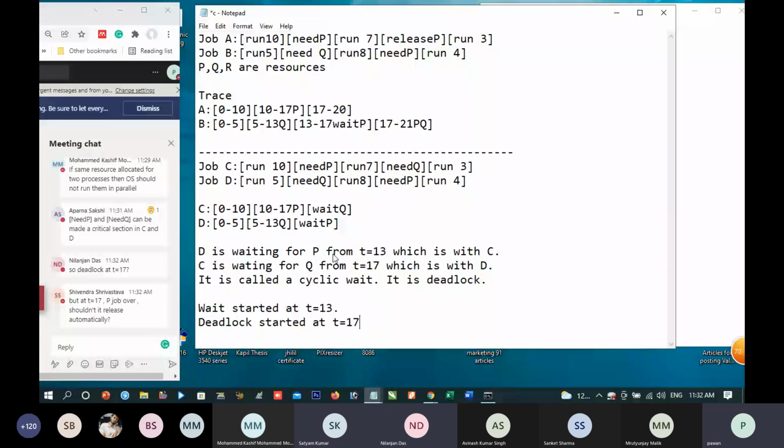At T equal to 10, guarantee came. Is it correct?